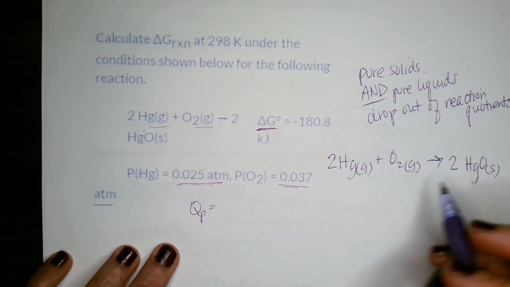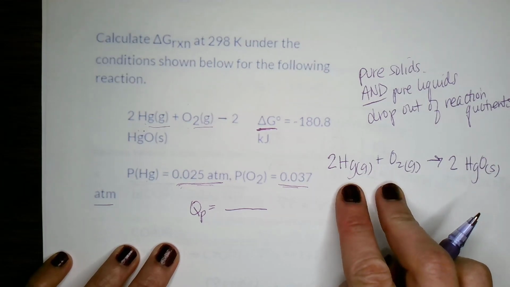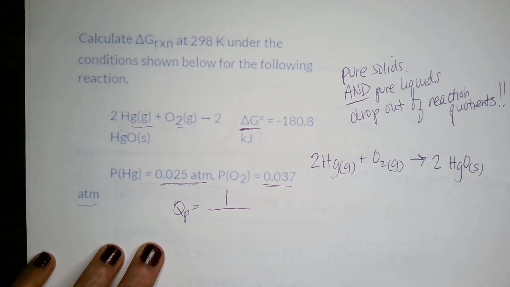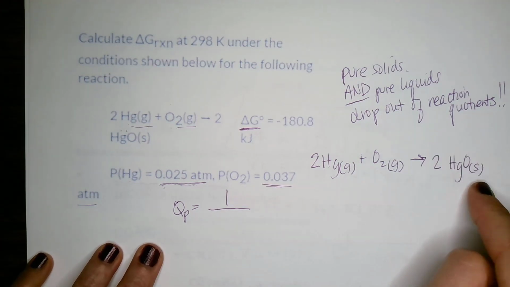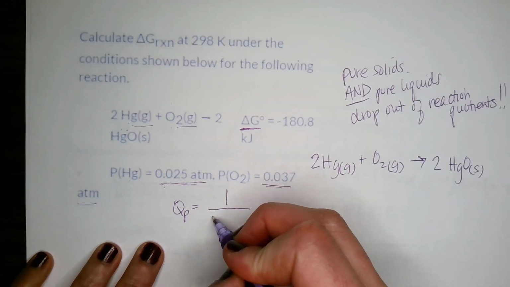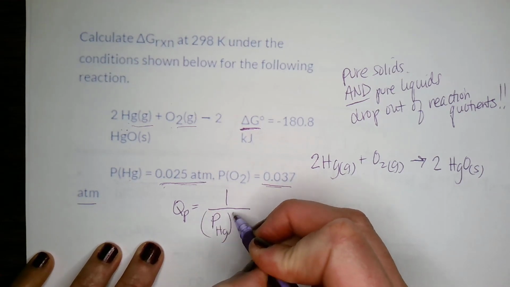So to find our reaction quotient, and we're using pressures, we're going to do products over reactants. And since we said the solids are not applying, we're just putting 1 over, because we're not even using this. But that still is products over reactants.